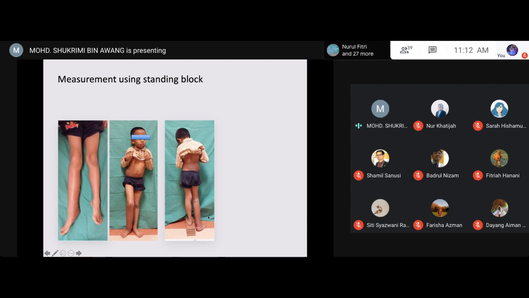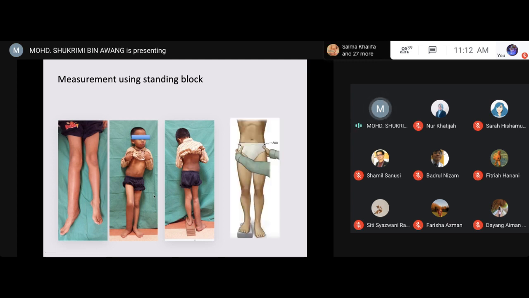Okay, so how do we know how much is the shortening? We make sure that after this, the pelvis is normalized, and we measure the thickness of the blocks. If the patient requires 7 blocks of 1 centimeter thickness, it means that the patient has 7 centimeters shortening.